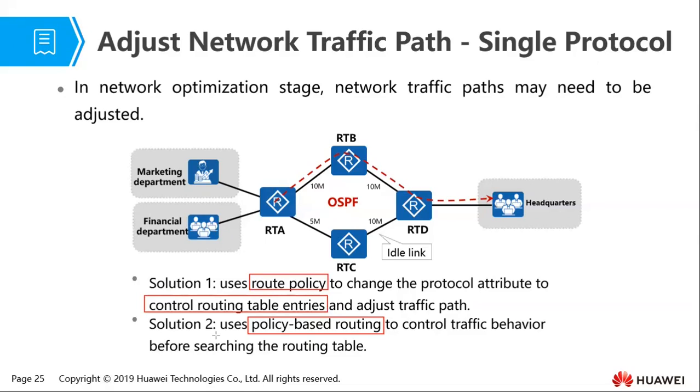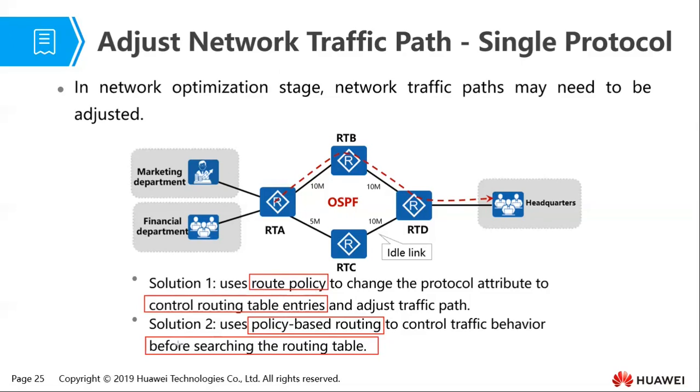Then you can also use policy-based routing to control traffic behavior before searching the routing table. Actually, as you're going to realize, the biggest difference between a route policy and policy-based routing is that a route policy depends on what has been entered in the routing table.